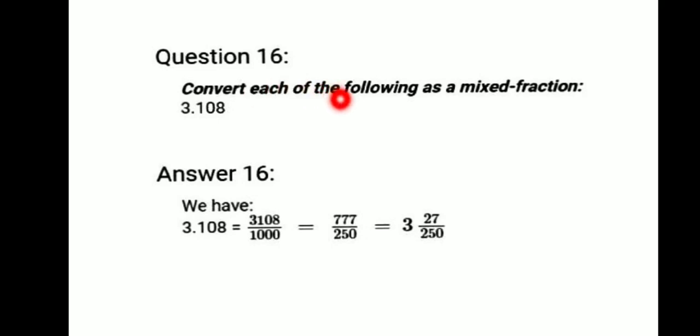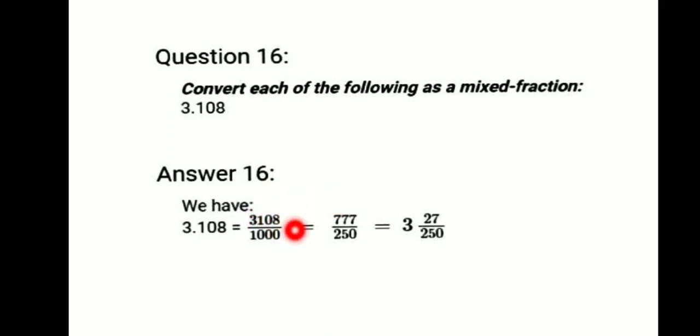Convert each of the following as a mixed fraction, 3.108. We have 3.108. It should be 3108 upon 1000, and this is the fraction, and its simplest form should be divisible by 4.